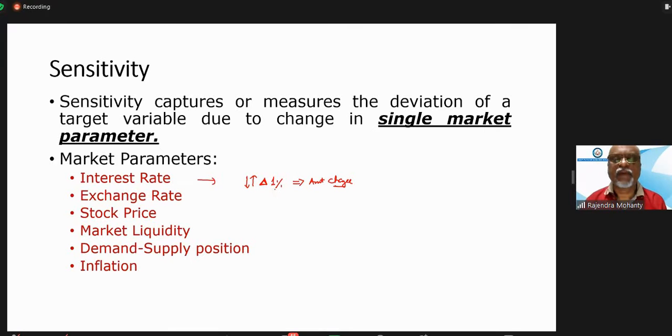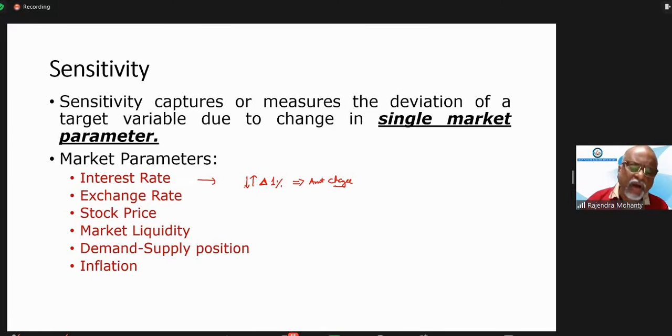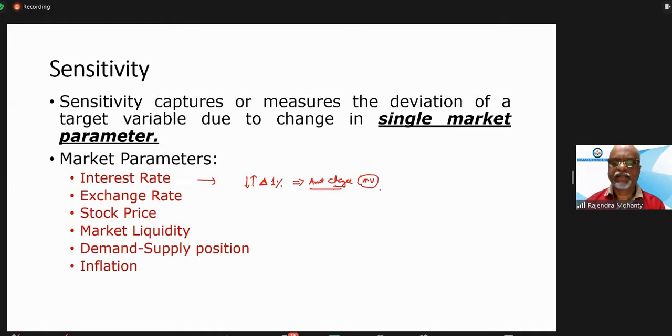I'm not directly telling that the market is moving upwards, or the rate has gone upward or downward. I've only said that the rate changed. The rate change might be 1% going up or going down. So due to a 1% change in the interest rate, what is the price or market value? The market value is changing.